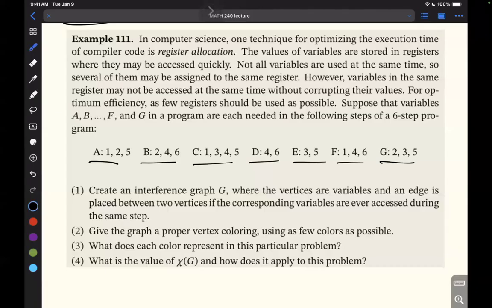And I would like to know, how many registers do I need? So the first step is to create a graph. The second step is to color it. The third and fourth step is: what does a color mean in this situation? And then what's the chromatic number of the graph? Any questions on the problem?